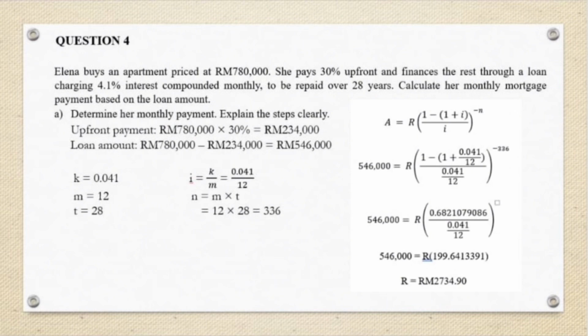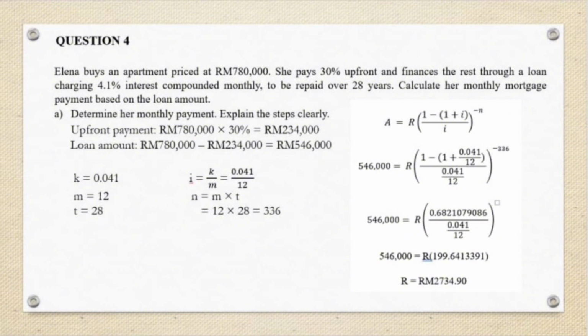Now we can plug the values that we listed down into the formula. A, the present value, is the loan amount, which is 546,000, equals R times (1 minus (1 plus 0.041 over 12) to the power of negative 336) over 0.041 over 12. Press the above calculation first on the calculator before pressing all the calculation.